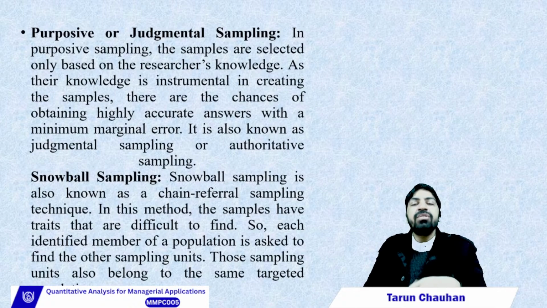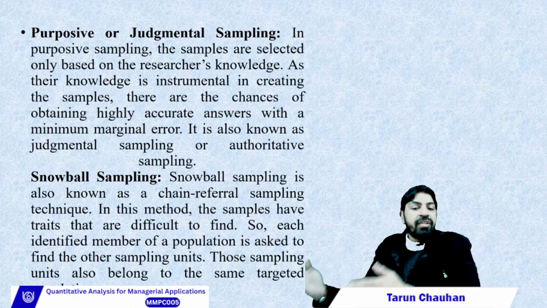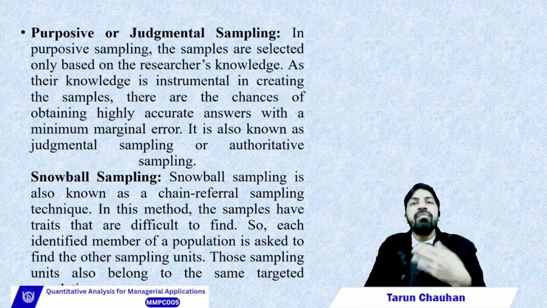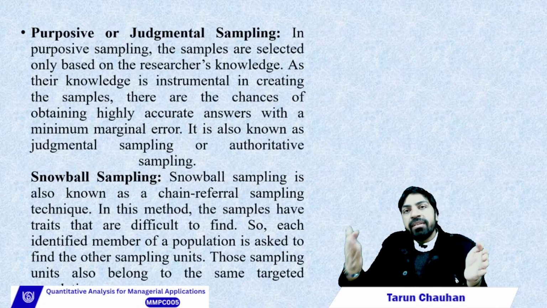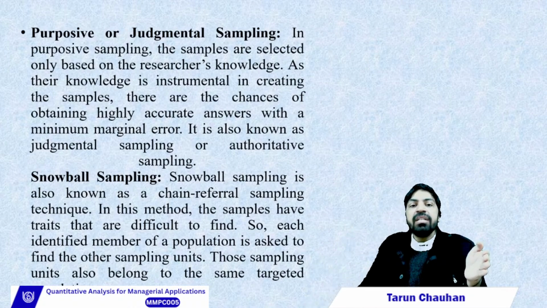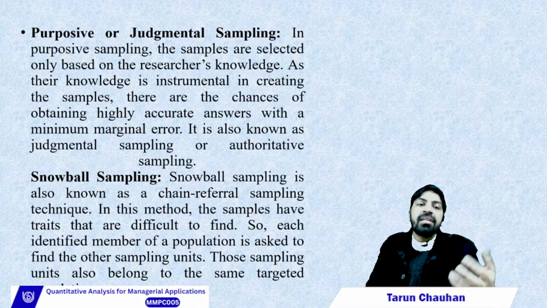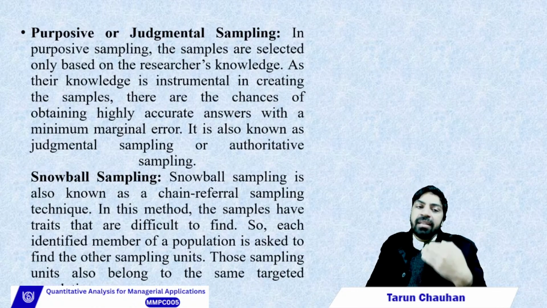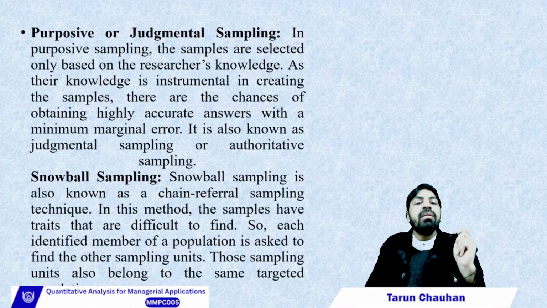In this method, it is very difficult to find the same categories of samples. So if one sample is selected and that sample refers the researcher to their friends, relatives, friends of friends, and relatives of relatives, the researcher can easily collect the data from all of them, and that becomes snowball sampling.